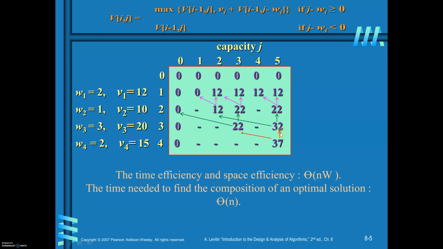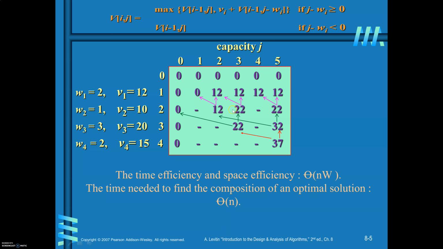To find V(4,5), you need to know V(3,5) and V(3,3). In order to find V(3,5), you need to know V(2,5) and V(2,2). Similarly, for V(3,3), you need to know V(2,3) and V(2,0).